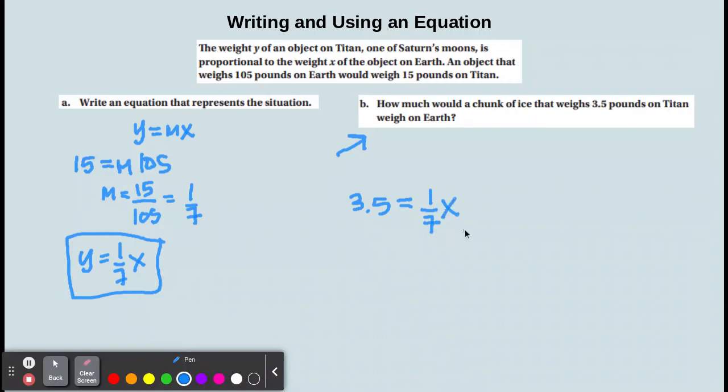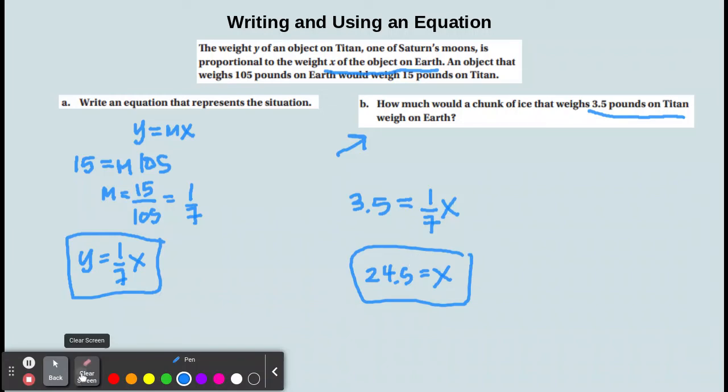So now we just need to solve for x, and that's going to be the weight of the object on Earth. So 3.5 equals 1/7 x. Multiply both sides by 7, and we get 24.5 equals x. So this 3.5 pound ice chunk on Titan will weigh 24.5 pounds on Earth.